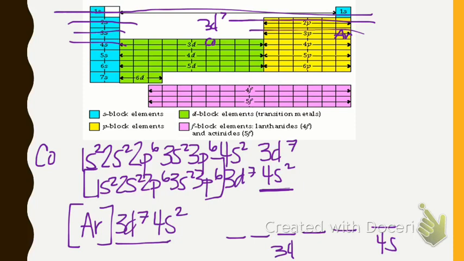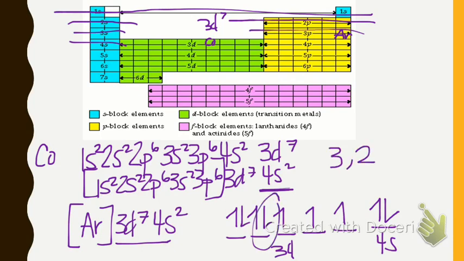So then I would go 19, 20, 21, 22, 23, 24, 25, 26, 27. So that would be its outer configuration. Okay? If for fun I was going to do the quantum numbers, I would say 3, 2 for D. It's in the second slot, so -2, -1, be -1, spinning down, -half.